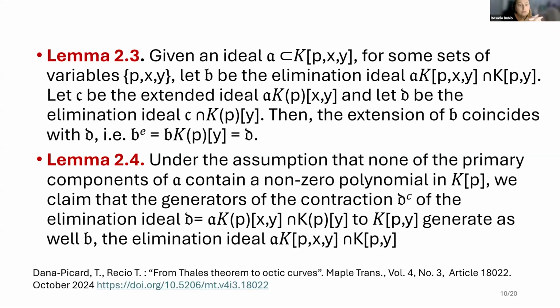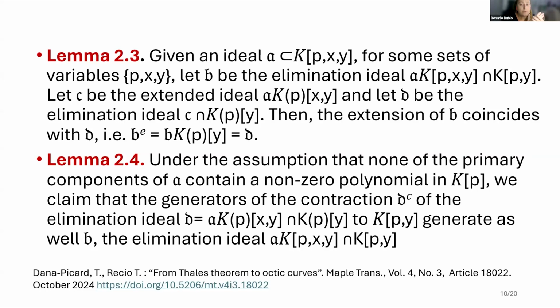Such elimination involves fewer variables as the P variables are treated as constants. However, finding elimination algorithms that work over a field such as K(P) is challenging. Therefore, the more reasonable protocol to deal with this issue is to prefer elimination within the polynomial ring K[P,X,Y] over K[P,Y]. The lemma asserts that the generators of this elimination are also valid as locus equations under the other approach.